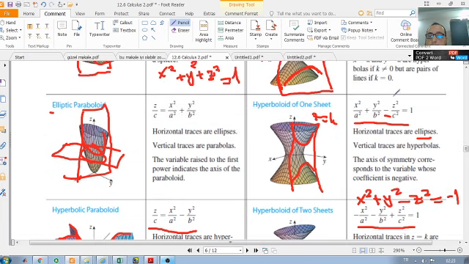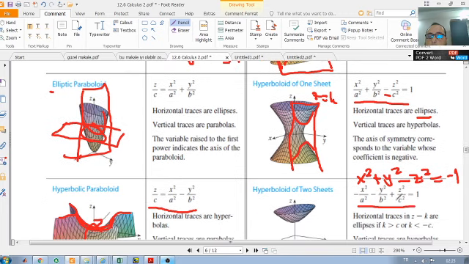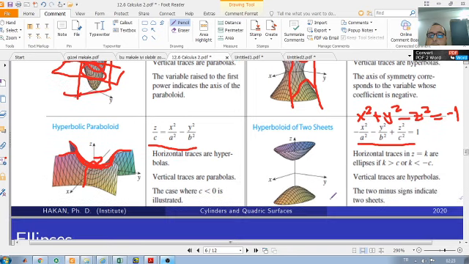We have the same term on the left hand side, x squared plus y squared minus z squared, but here we have minus 1 for the right hand side. If we have plus 1 we will obtain the hyperboloid of one sheet. If we have minus 1 we will obtain the hyperboloid of two sheets.